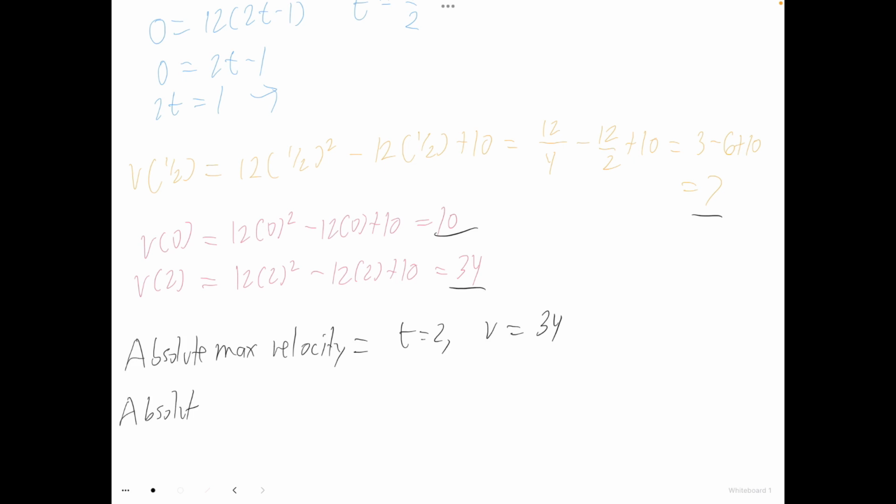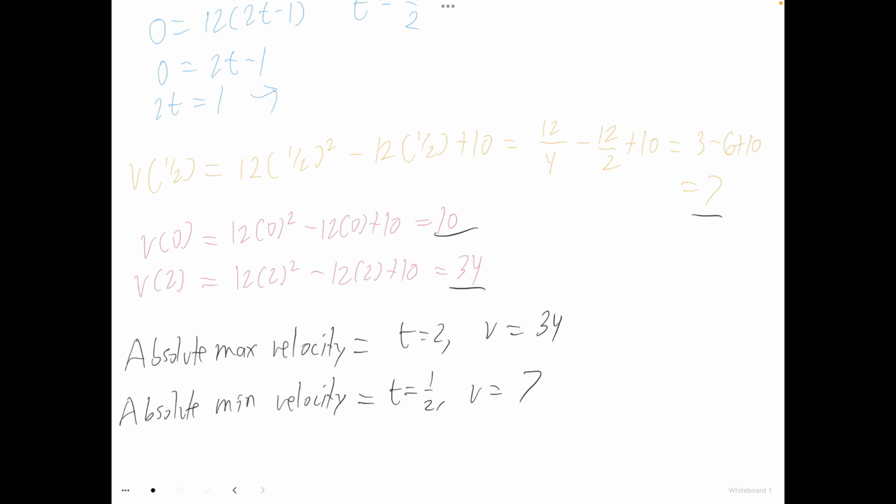Then we want the absolute min velocity. Well, this is the smallest of those values, which is 7. And so that's going to be when t equals 1/2. And the velocity there is 7. So we're able to find the absolute max and min velocity doing this procedure.